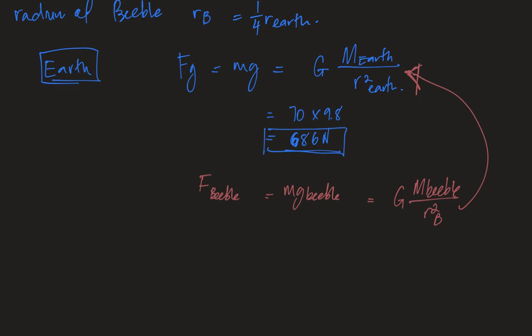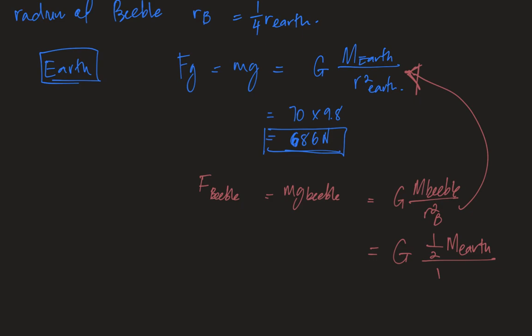So I know that in order to get this going, I've got G, I've got half of the mass of Earth, divided by 1/4 of the radius squared on Earth.